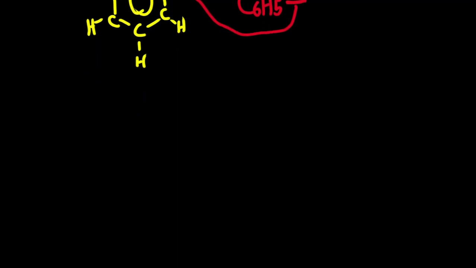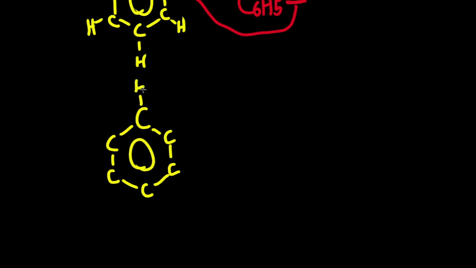Alright, and if I draw toluene, and I'm going to have my methyl out to this side. So I have toluene, and if I erase the hydrogen on the methyl group, now, and this is where it's confusing, this is called benzyl.